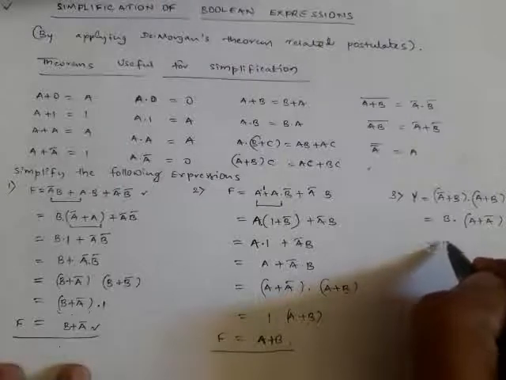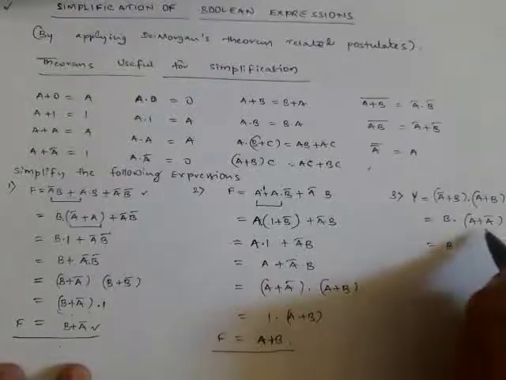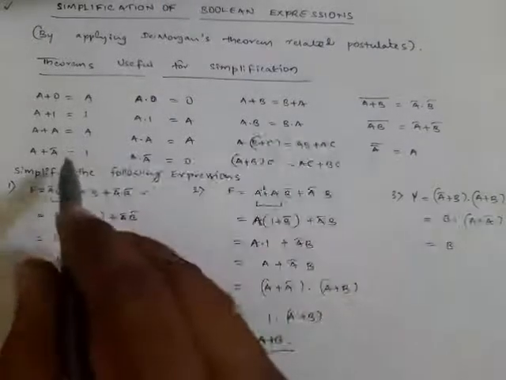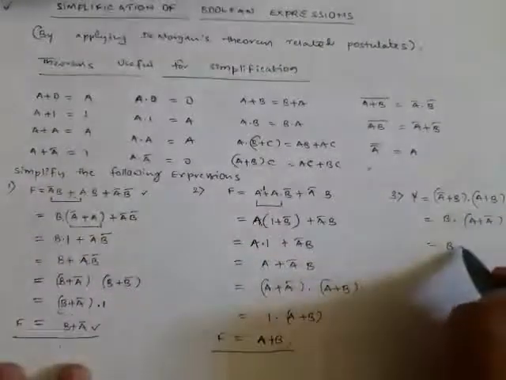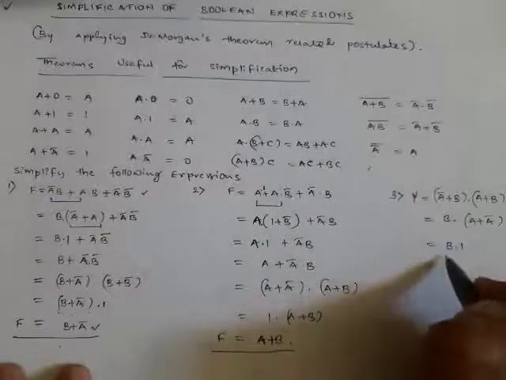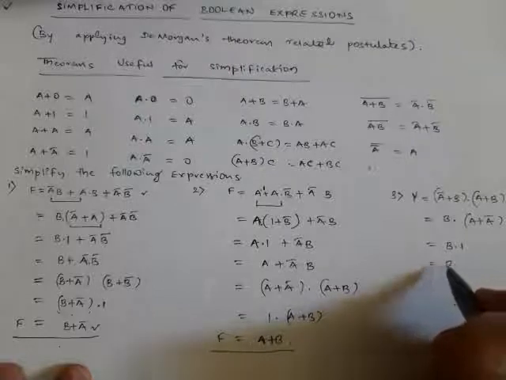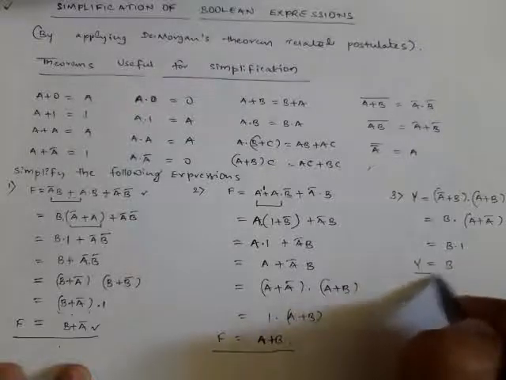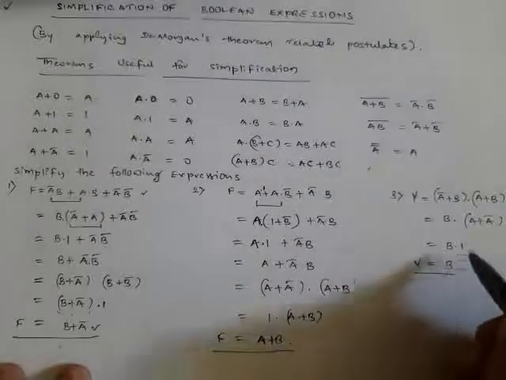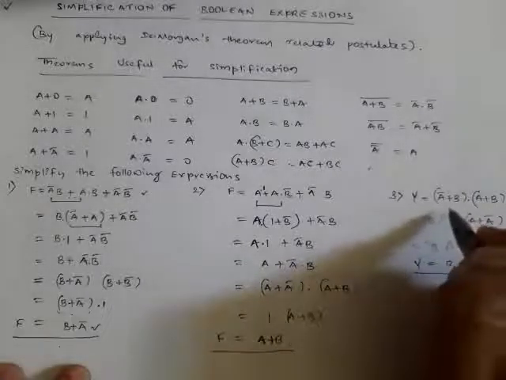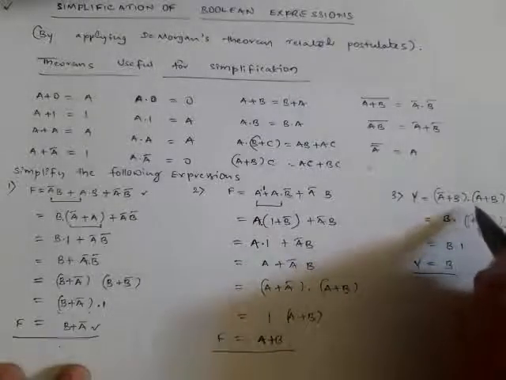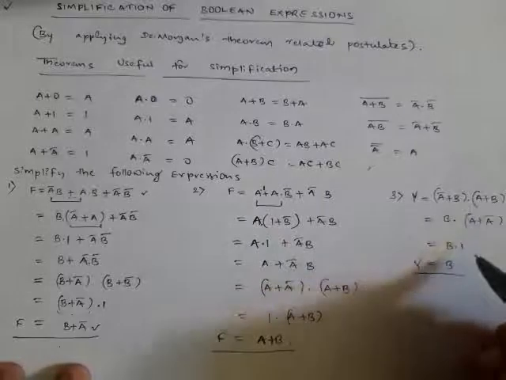And you can see that a plus a bar equals 1, so it is 1, and b dot 1 is b itself. So the expression got simplified to a single variable from two variables and three operations.